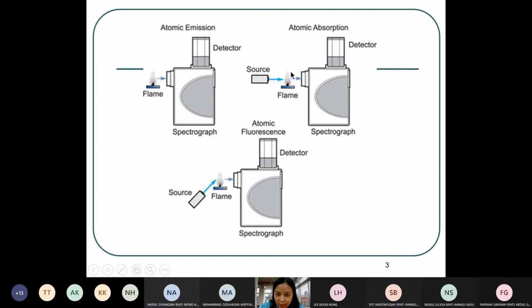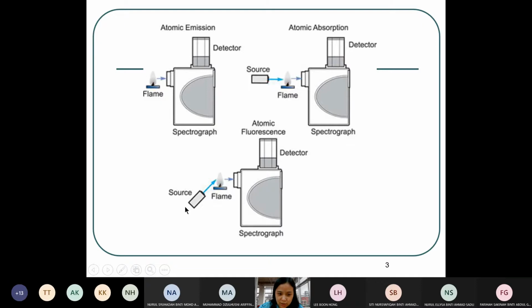Because in AAS and AFS, we call it an atomizer because its function is only meant for atomization. The excitation in AAS and AFS is due to the light source.